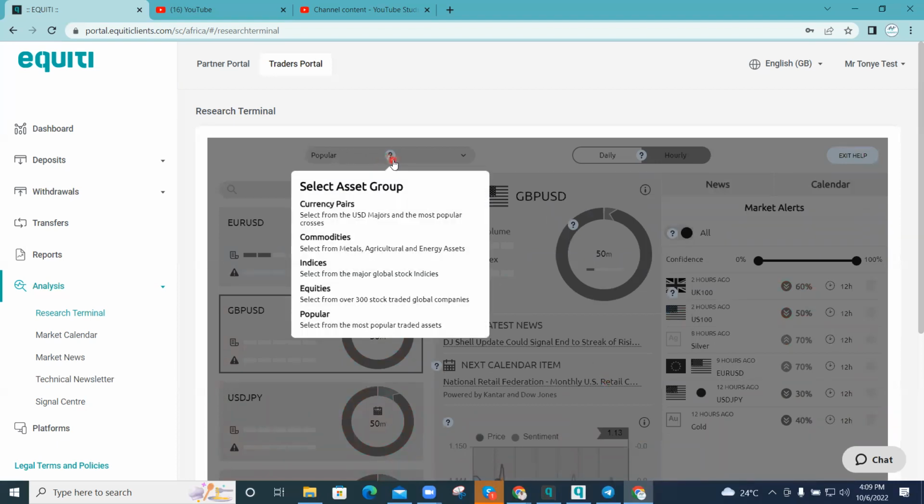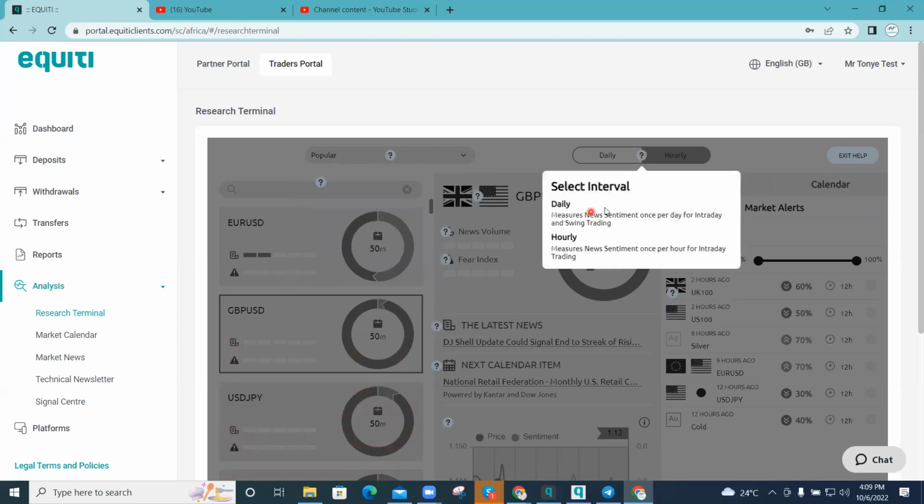For instance, if I click on this, this is select asset group. We have the currency pairs, commodities, indices, equities, and populars, right? If I click on this icon here, it shows you the select interval, the daily, which measures new sentiment once per day for intraday and swing traders, just like I made mention earlier.